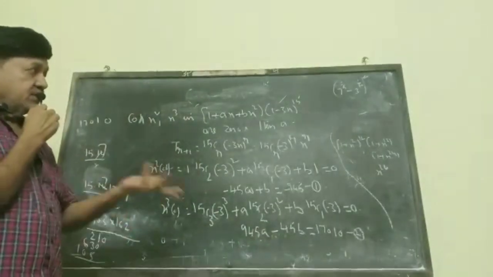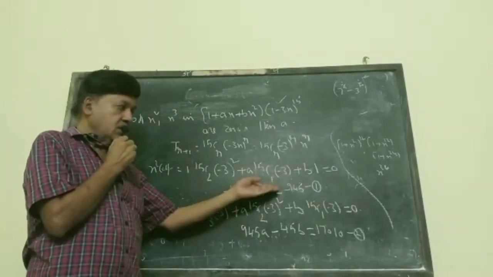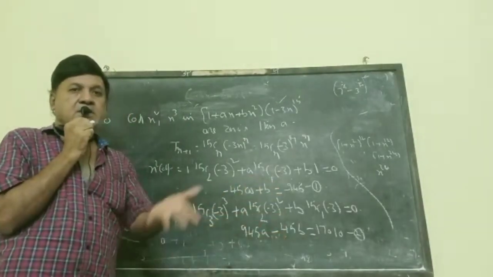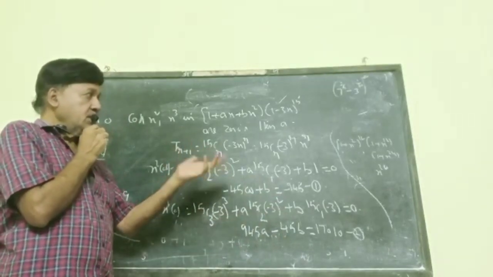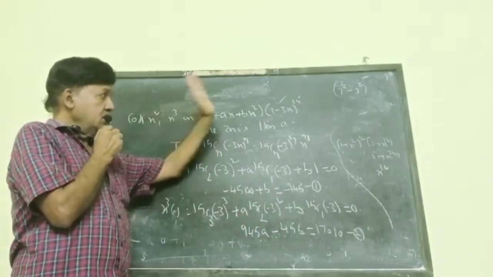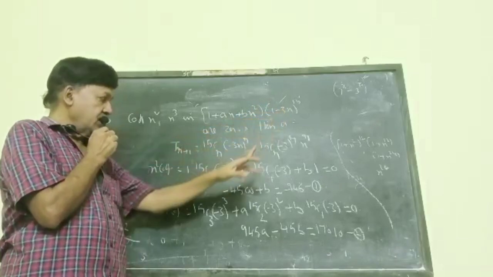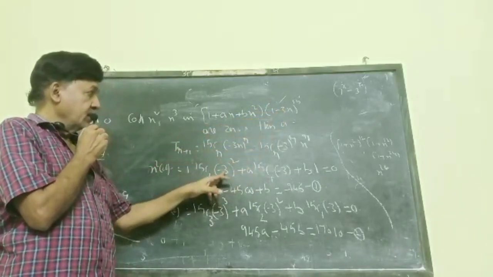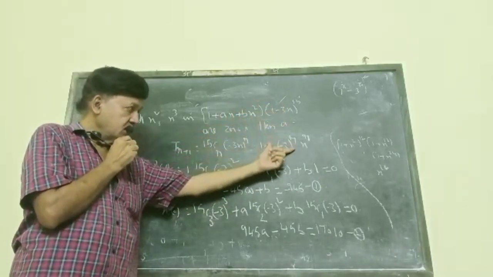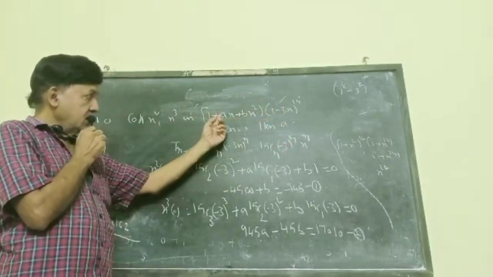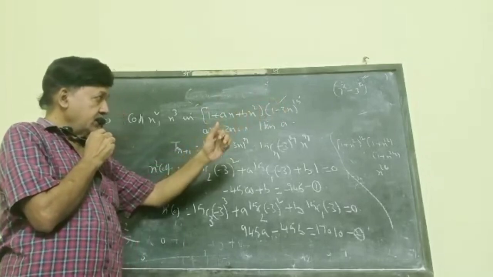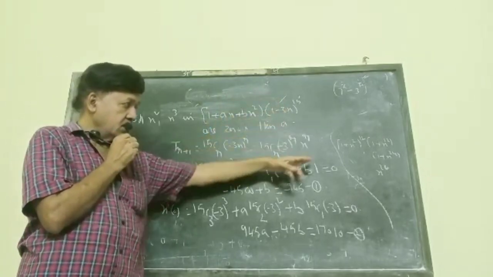Now what you are expected to do is solve the two equations and get the values of A and B. So the problem idea is very simple. Write the general term in this: 1 into the x square coefficient, a into the x coefficient, b into the constant term is 0.